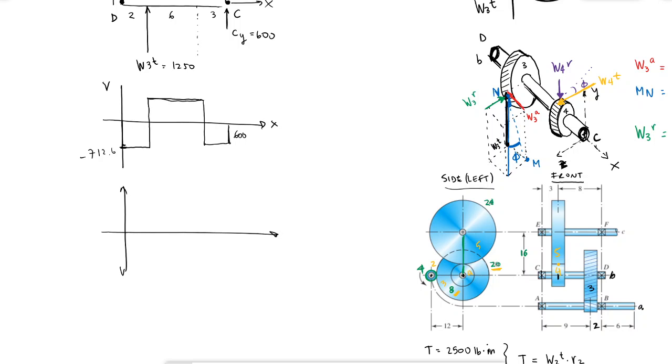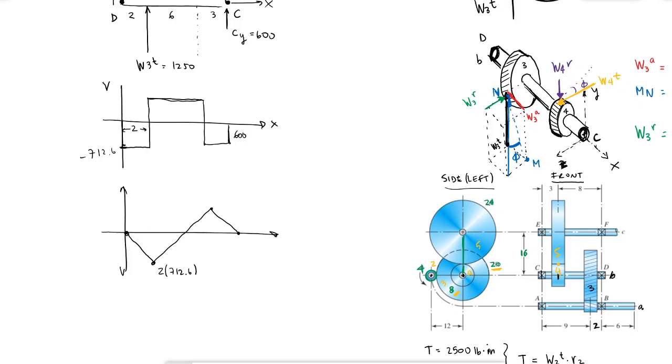So this is a negative slope of 712, a positive slope of I don't know how much, but then another negative slope of 600 that brings it back down to 0. So this value right here is going to be this distance, 2, times 712, but that's smaller, so I'm going to write it down, but I'm probably not going to use it.